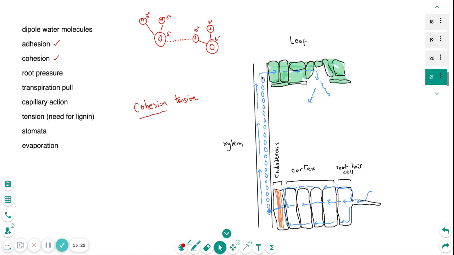So that equivalent is happening in the xylem as well, and that needs to be counteracted. That tension, if lignin isn't present in the walls of the xylem, that xylem vessel would collapse on itself, and that would cause real problems. So the lignin's there to help to support the xylem, to keep it open so that water can keep moving up.